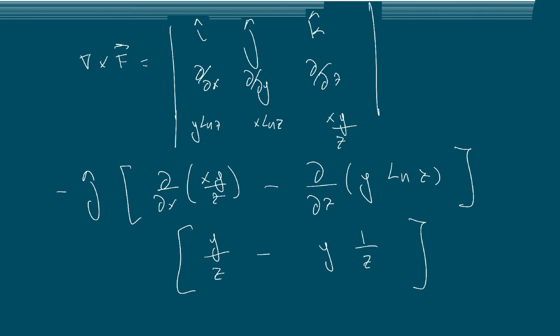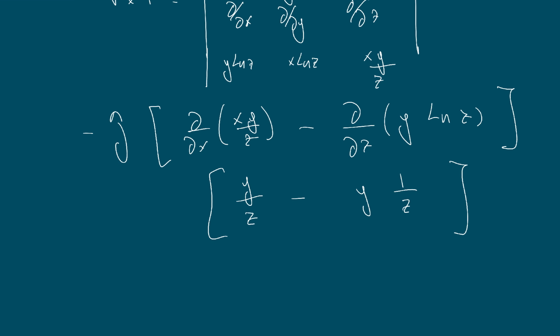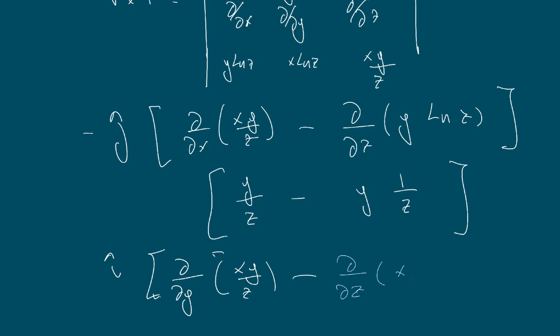Oh no, maybe not. Let's go to check the i component. The i component is the partial derivative with respect to y of xy divided by z minus the partial derivative with respect to z of x natural log of z. Is it 0 or not?